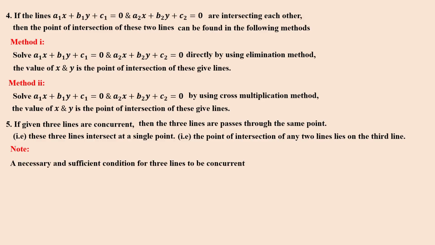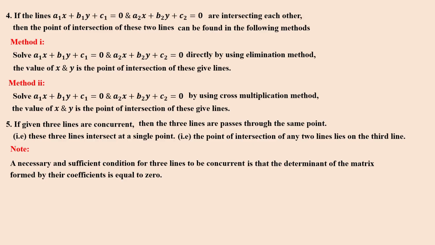A necessary and sufficient condition for three lines to be concurrent is that the determinant of the matrix formed by their coefficients is equal to 0. So another method to show that three given lines are concurrent is the determinant method in matrix. If you know matrices, that is the easiest method. We find the determinant, and if its value is equal to 0, then the three lines are concurrent.